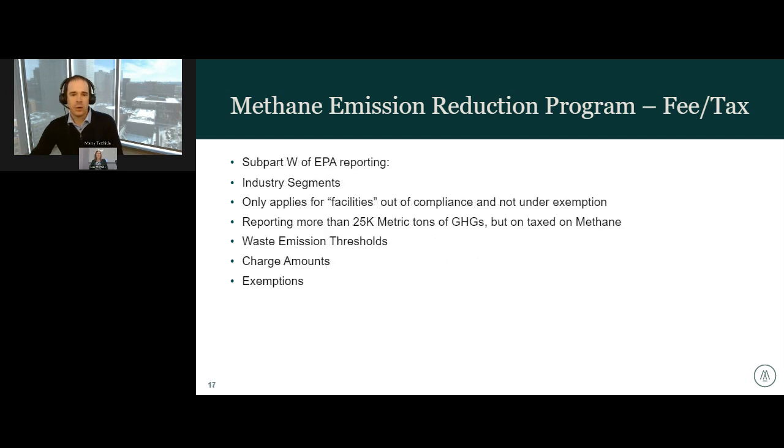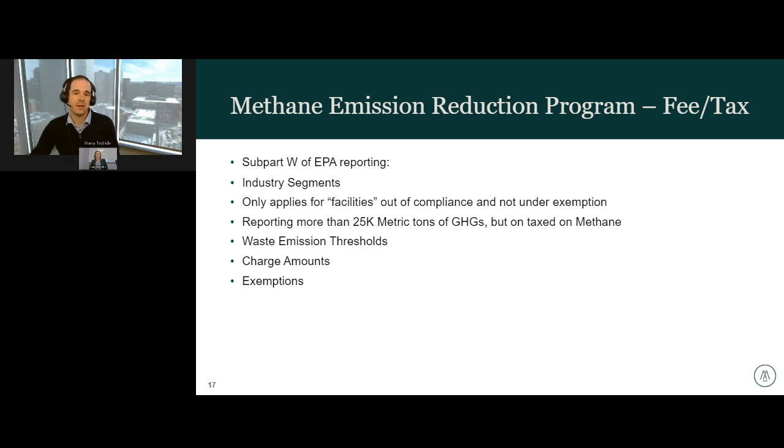Now, as far as reporting, I would assume many people on this call might already be reporting to the EPA under Subpart W. This is at a 25,000 metric ton CO2e, or carbon dioxide equivalent, threshold. So if you're emitting 25,000 metric tons per year, you're generally already reporting to the EPA.